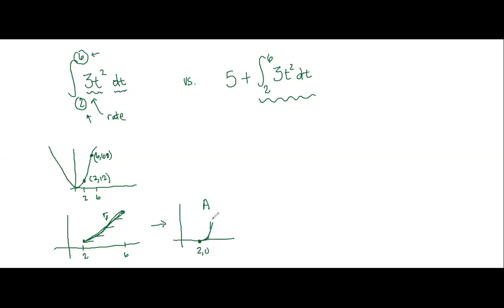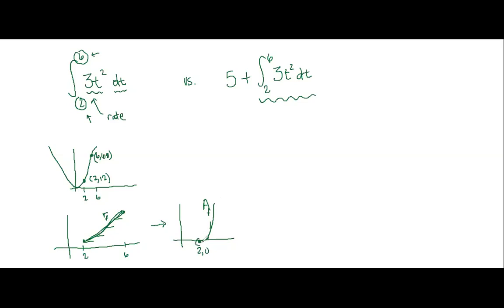But my exact, maybe if I use smaller intervals, looks something more like this, but it starts from 0. Nothing's happened yet. If I just say, well, what happens starting at 2? Well, we start from a net position of 0, or whatever this might be, whether it's position, money, number of people, whatever it is, and it grows more and more quickly as we go on. So from this rate function, we have an accumulation function that follows.